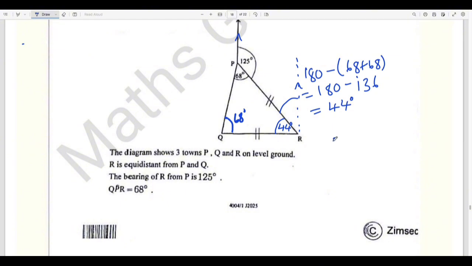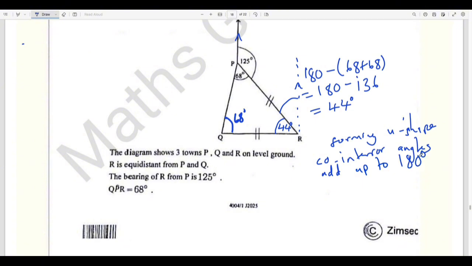Here we can use a lot of reasoning from geometry and bearing. However, the simpler one is to protrude the angle directly north from R, so we get a sort of U shape and form what we call co-interior angles.